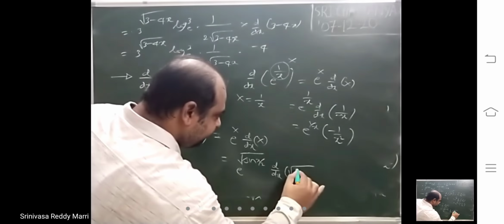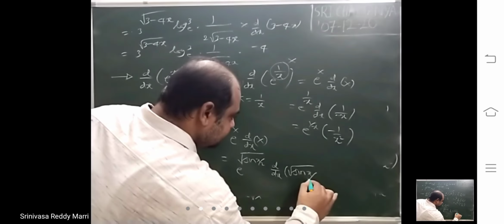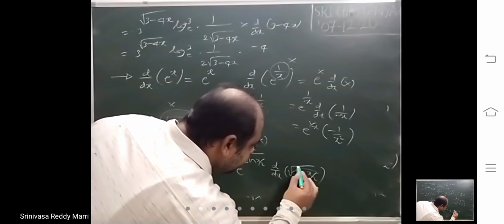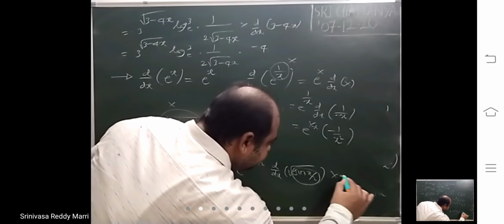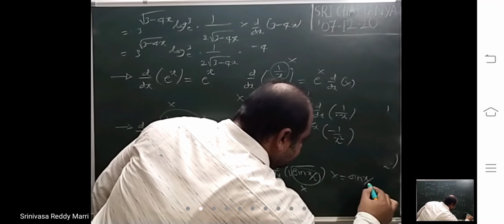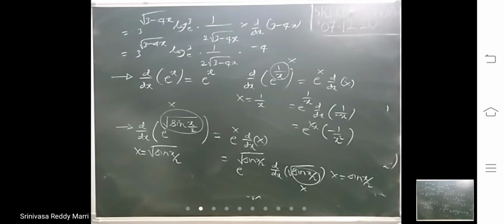Now d by dx of root of sin x by 2. You know the root x formula. So inside, in the second step, capital X is sin x by 2.